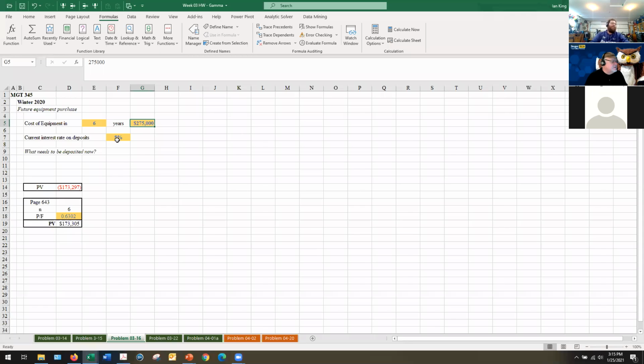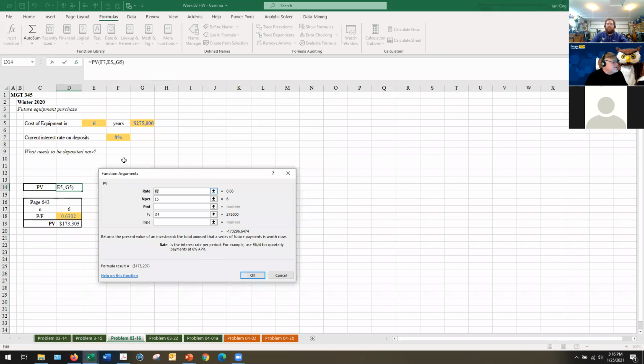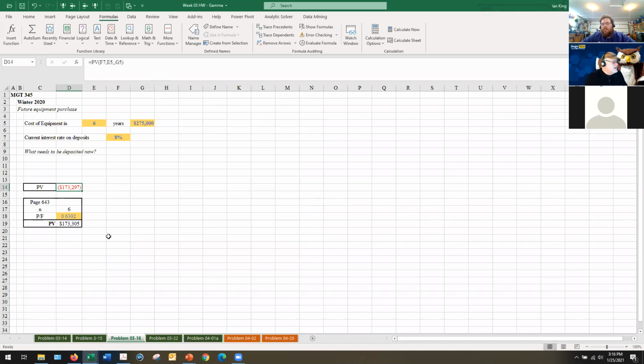Same type of thing as before. Present value, using Excel. Again, number of periods is 6. The rate, 8%. The future value is $275,000. So if you figure out how much you have to put in the bank today, well, that's $173,297.